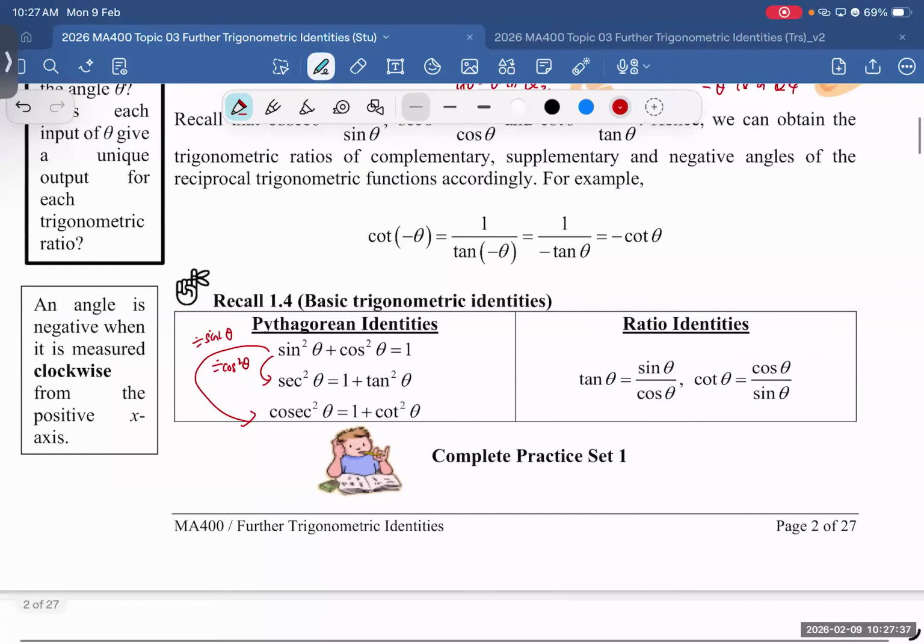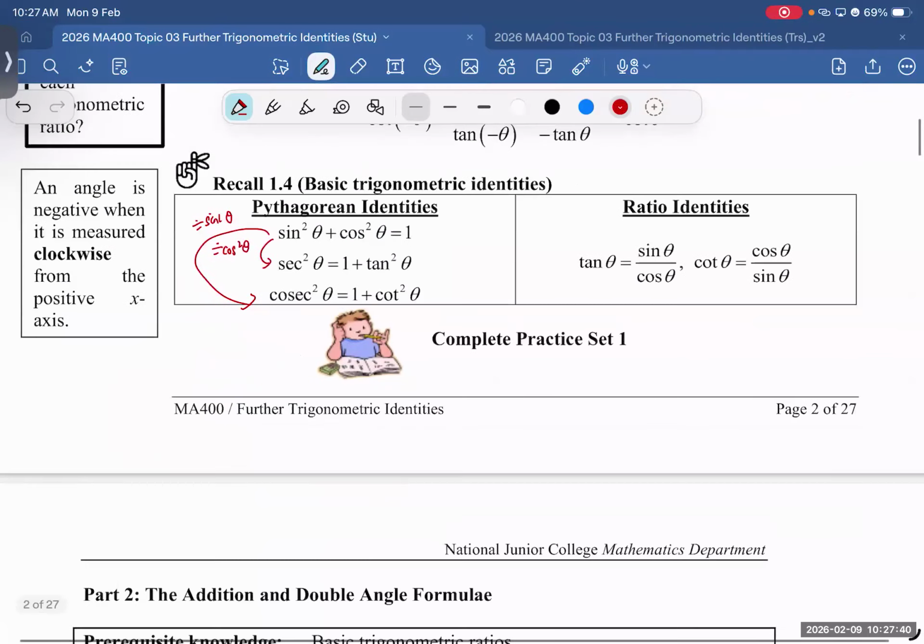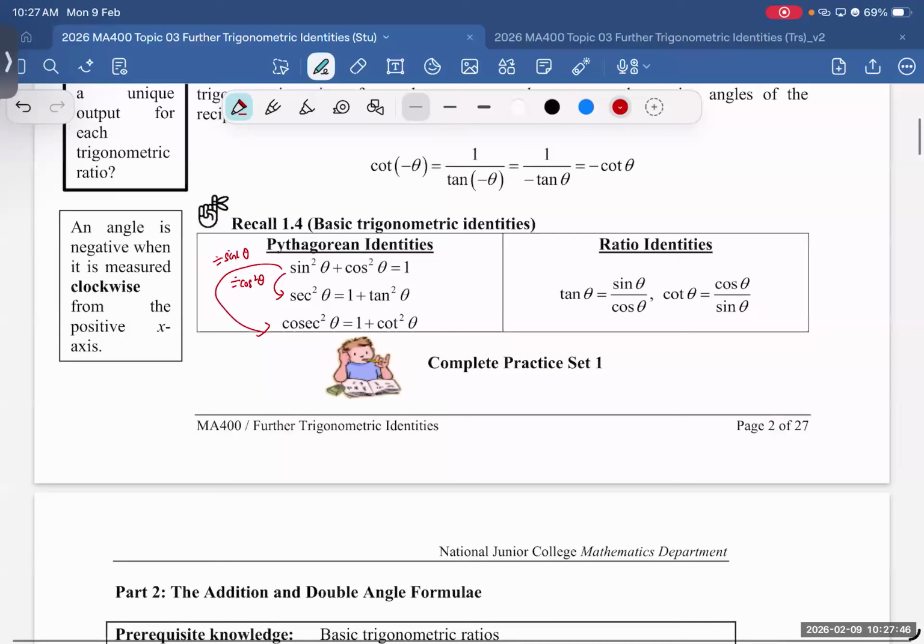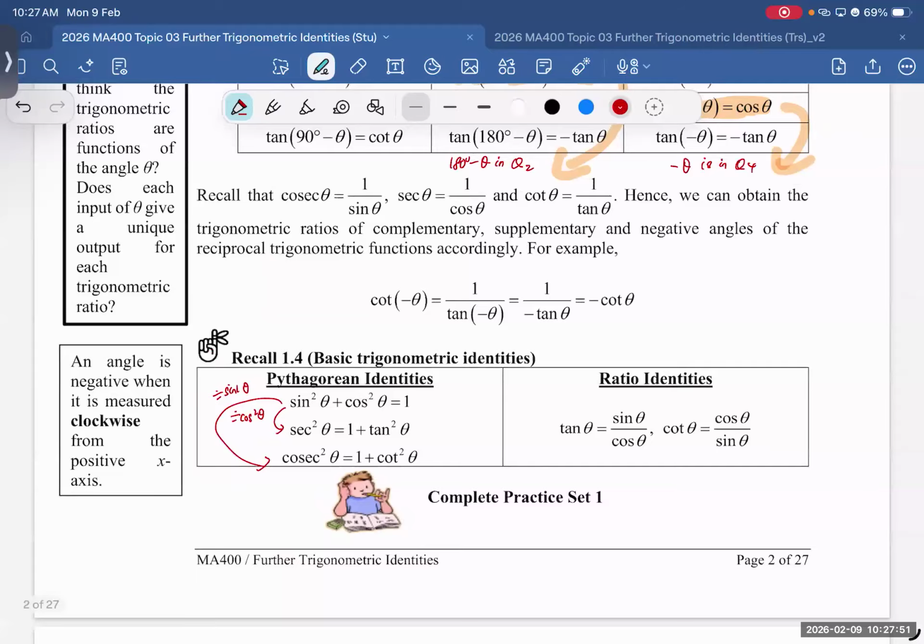Okay, then next one, I go to the addition and double angle formula. Then practice that one when you want it to be used. After CM1, so when is reasonable? This Monday. Sunday.